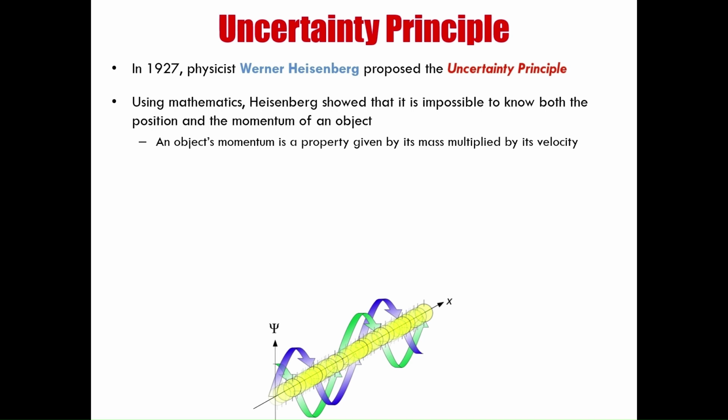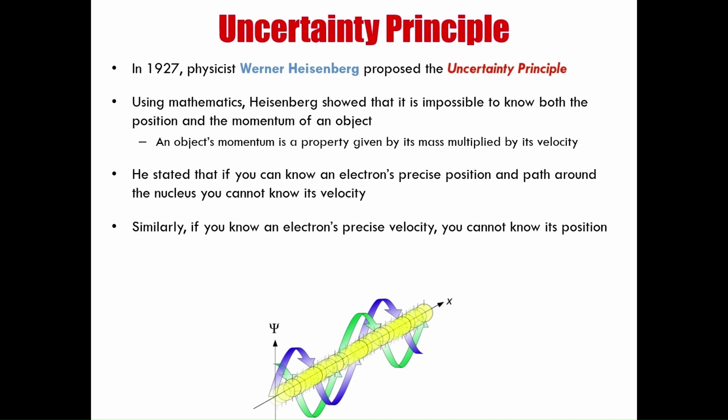Heisenberg stated that Schrödinger's proposed model could not be possible because it provided a clearly defined path for an electron moving at a known speed. Based on the uncertainty principle, if you know the electron's precise position and path around the nucleus, you cannot know the speed at which the electron is moving, and vice versa.